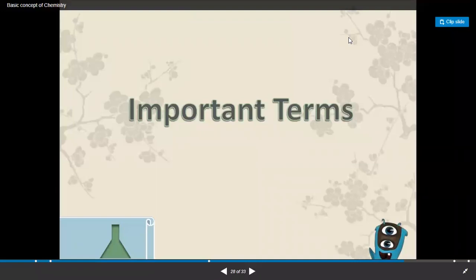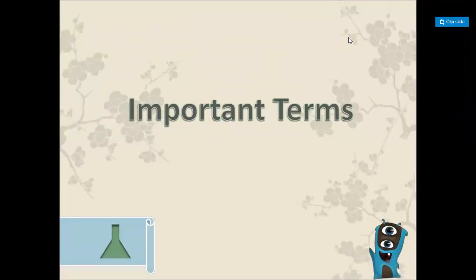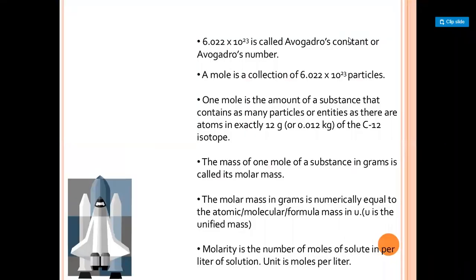Let us discuss some important terms which we have already learned in this chapter, and we have to keep all these terms in our mind while doing numericals and questions related to these chapters and different topics. First, 6.022 into 10 to the power 23 is called the Avogadro constant or the Avogadro number, which is equal to 1 mole.